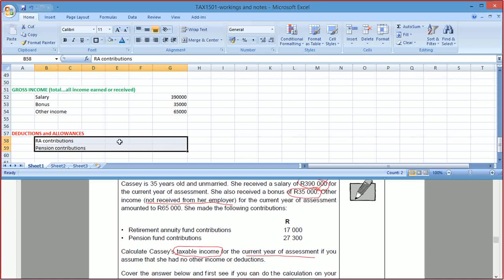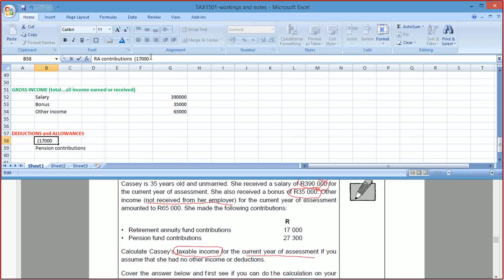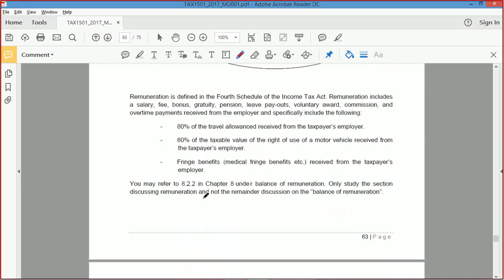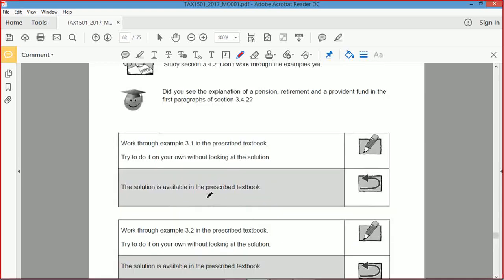Does that make sense? Yeah. Okay, so the RA contributions were 17,000. The pension contributions were 27,300. Okay, those are my deductions. Now we have to apply the tax rules. Okay, so let's go back to the tax rules. Here it is.